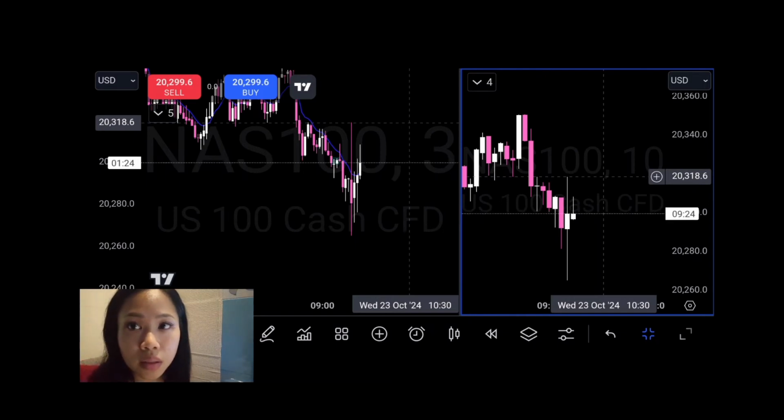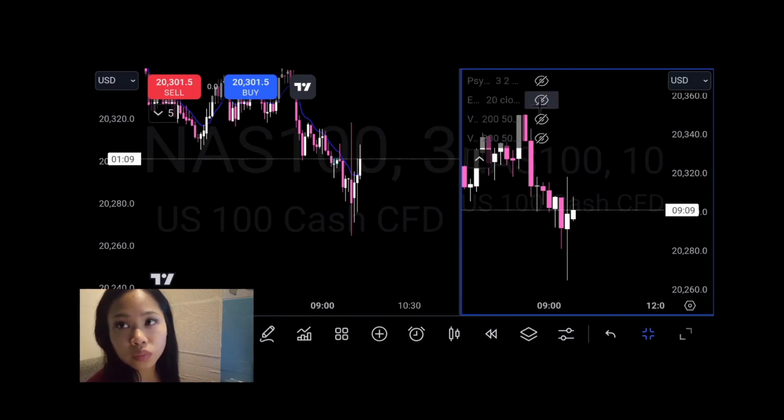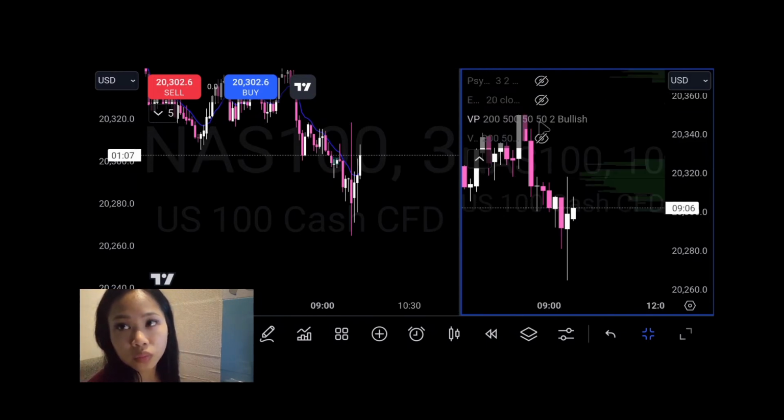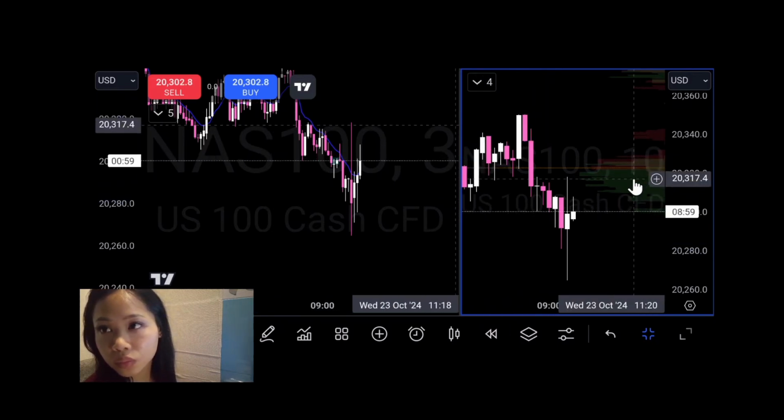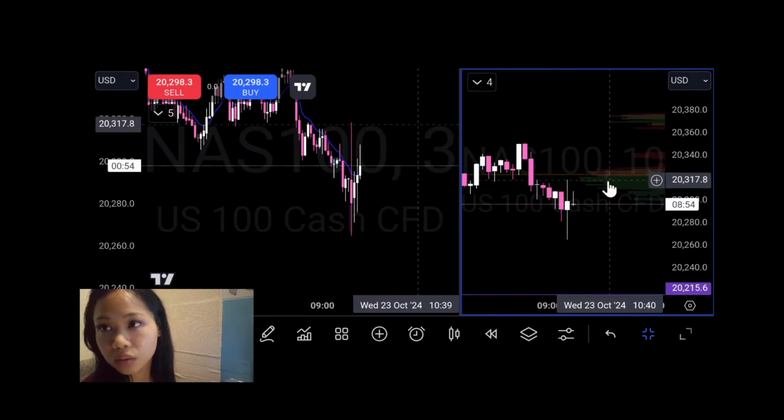It is respecting that EMA. I have a lot of volume in this area.